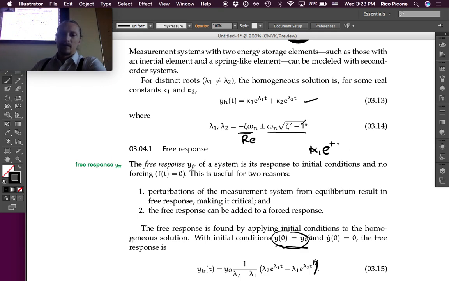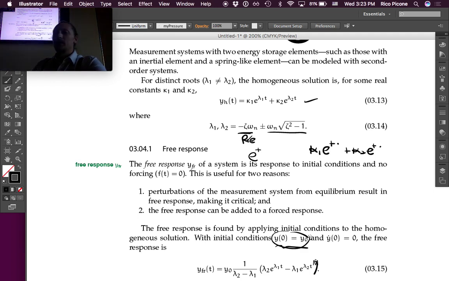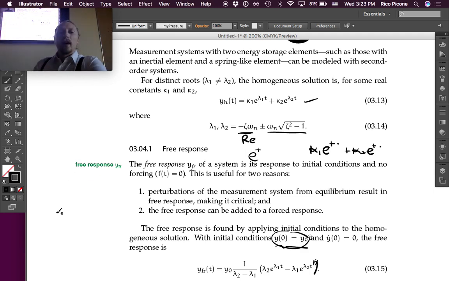Whatever goes on over here. And you're going to have plus kappa 2 e to the plus times something. You can factor out this e to the real part that's positive here. And it's going to be e to the something positive times whatever else your response is. And what does e to something positive look like?